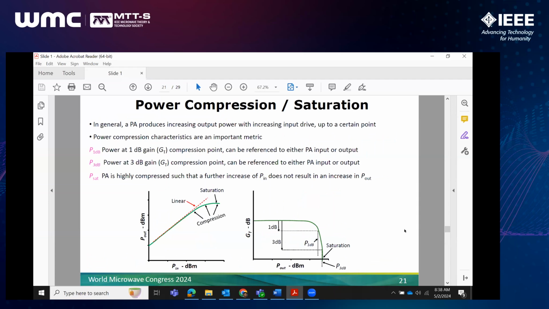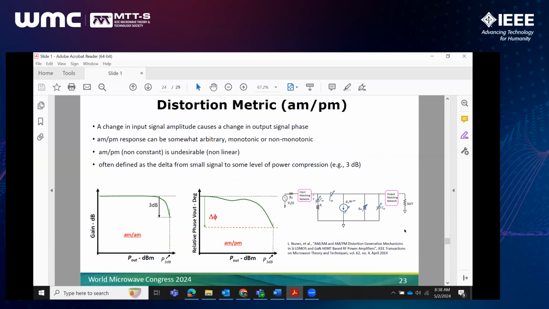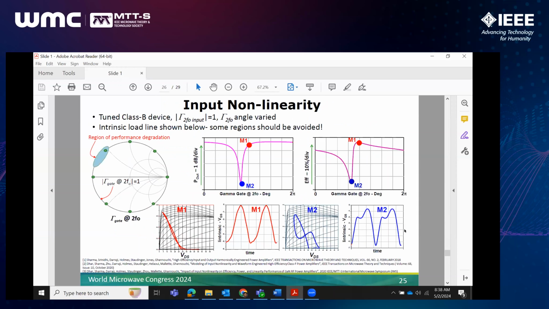However, if you could move to slide 25 for a moment. First, I got a slide out of order here. Yeah, slide 25. Okay. So just to illustrate what the effect is, this is a simple harmonic balance simulation where I designed the device to be in tune Class B. So I create a real impedance at the fundamental, I short out all of the harmonics, and I simply vary the angle of the second harmonic near the edge of the chart.